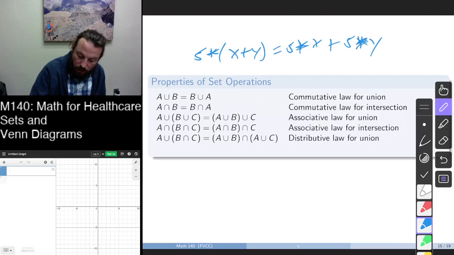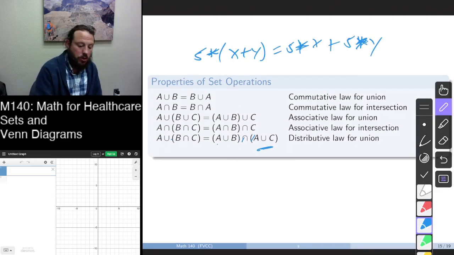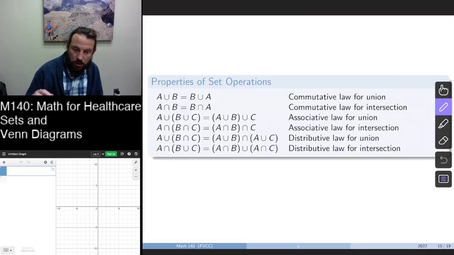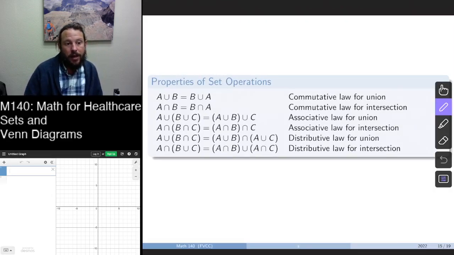That's just like this: A union (B intersect C). So you could do (A union B) intersect (A union C). That's the distributive law. Similarly, we have one for intersection. These are all listed in your book and in the slides if you look at them from the old section.